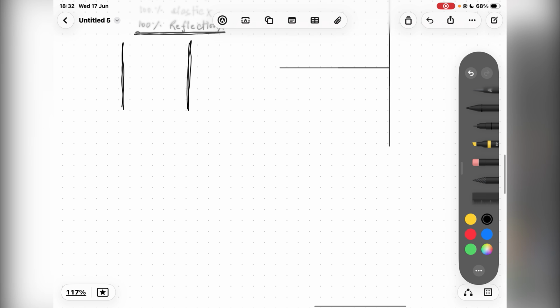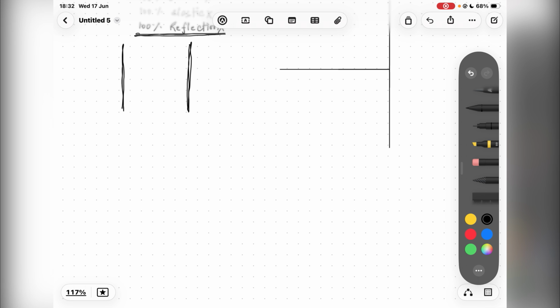And I should also tell you about the laws of reflection before we dive into image tracing.